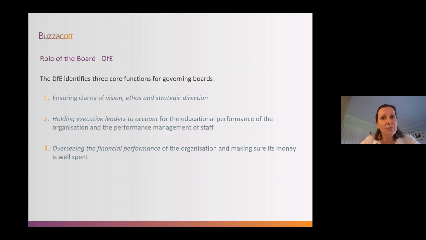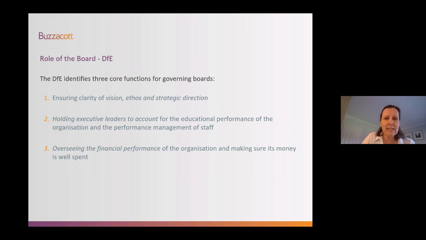And then finally, overseeing the financial performance of the organisation. This area is the one we're going to focus on today, but also slightly more broadly than that. That means making sure that strong financial controls are in place and that money is well spent by the organisation, looking at the value for money, impact and outcomes of the trust.